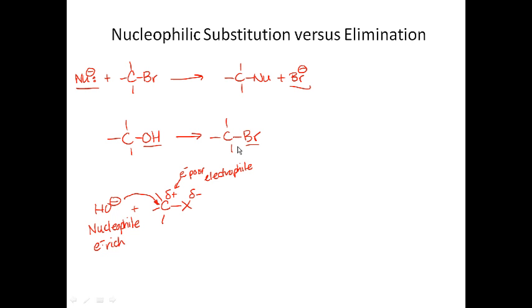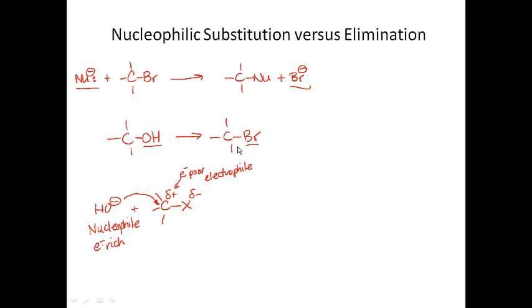Back in the Lewis acid-base sections of the textbook that we talked about what seems like forever ago, a few months, electron-rich species or the Lewis bases are defined as nucleophiles, and the electron-poor, or what are called Lewis acids, are defined as electrophiles.